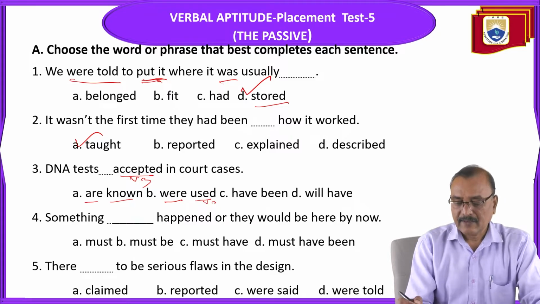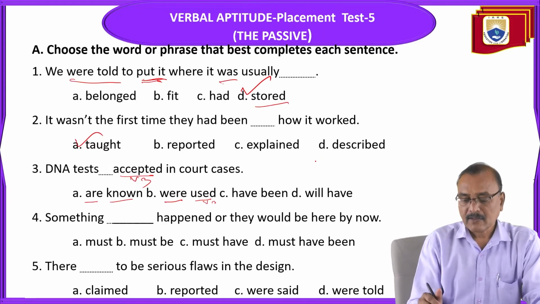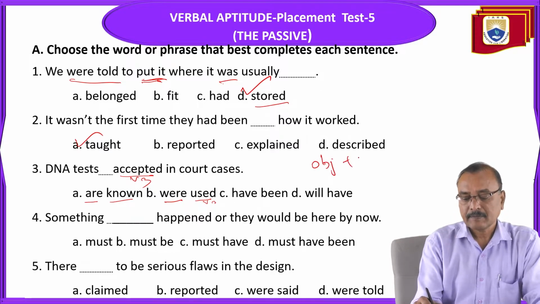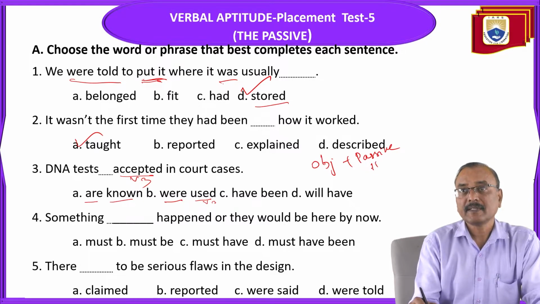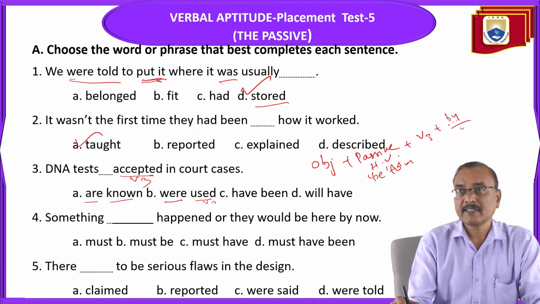So you see here, what is the passive construction here? Object. What is the passive construction? Object here plus passive helping verb, that is B form, plus V3 form, then okay, by or with plus object, subject.